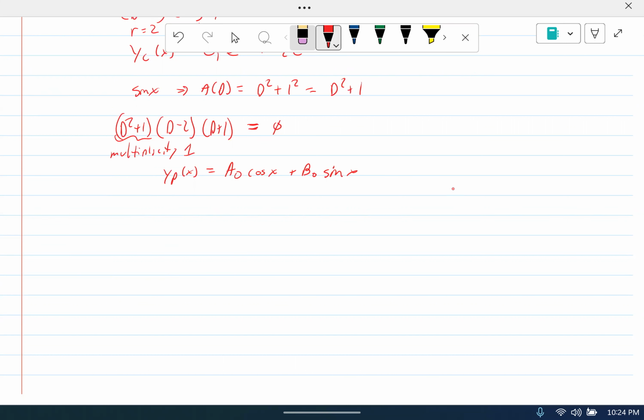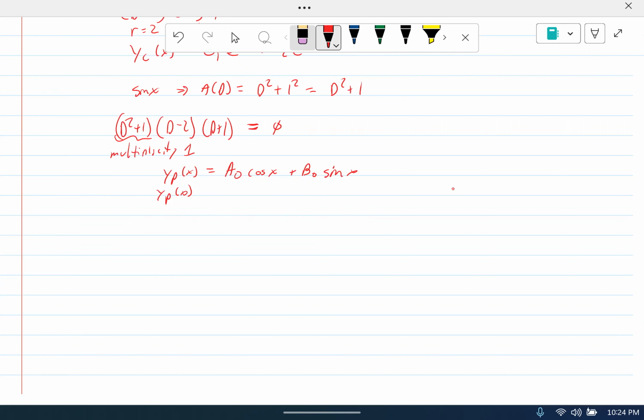So now I want to take successive derivatives of this, because I want to plug this back into my original differential equation. I know it was a second order differential equation, so we can solve for a naught and b naught this time. We have 2 things to solve for.